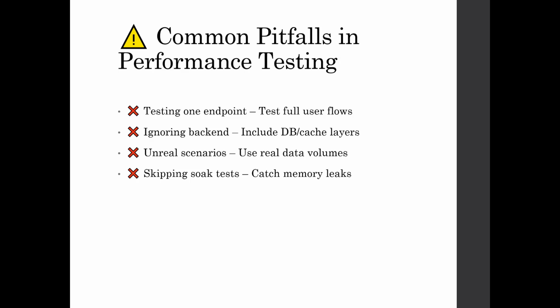If you only test one endpoint, you're probably not going to catch the full story. We don't want to ignore the back end. Always include your databases and your API in your tests. We don't want to use unrealistic scenarios. So model your actual usage patterns and data. And if you don't know what those are, start logging and monitoring so that you know where your baseline is.